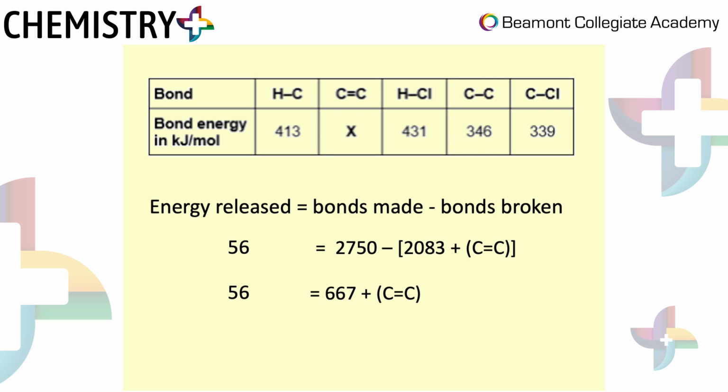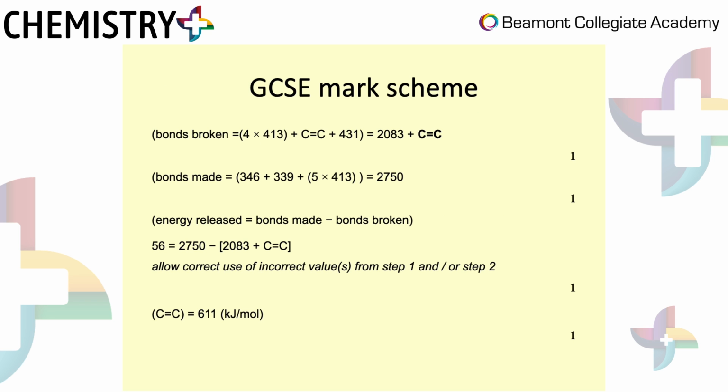This gives us 56 equals 667 minus the unknown, and if we finally subtract the 56 from the 667, that will give us the double C bond, which is 611 kJ per mole.